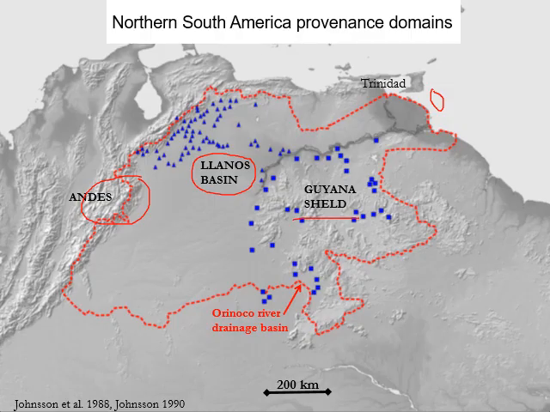These different domains are associated with very different suites of clastic sediments. The Andean belt, with high rates of erosion, is characterized by abundant lithic fragments within your sandstones. The Guyana Shield, a very mature province, is characterized by abundant quartz, even feldspar.